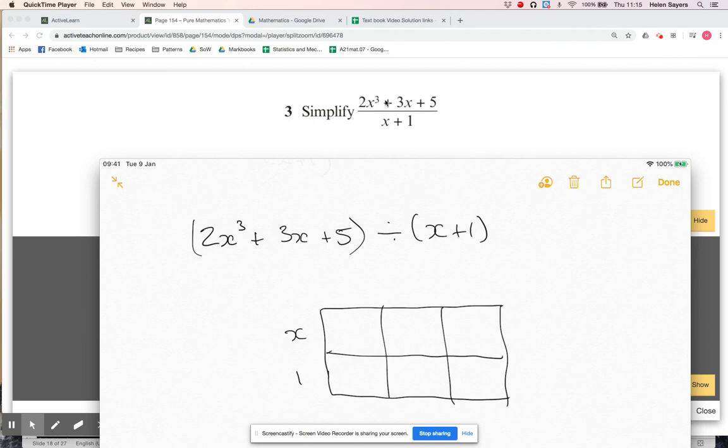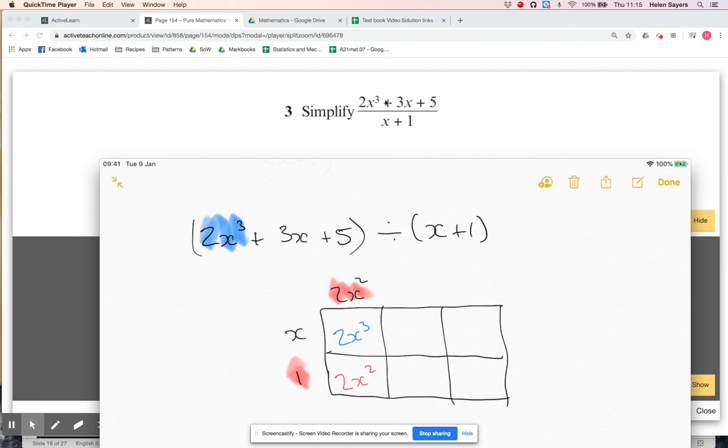Right, so I know that my x cubed term is 2x cubed, so that needs to be 2x squared. I'll change my colours. 2x squared times 1 is going to give me 2x squared there.